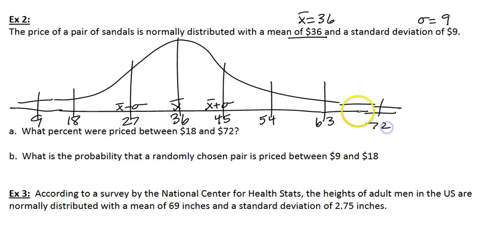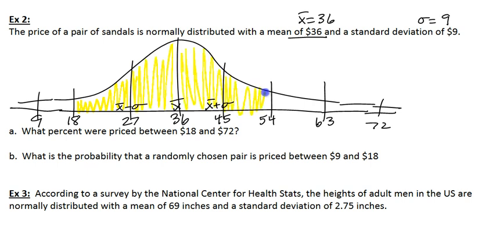72 is off our graph, so we can assume that's part of that end tail. So between $18 and $72, so all of these areas, or I could just do 1 subtract those 2 areas. Either one would work. I'm going to do it the long way this time. I'm adding together, and again, these are just straight from the bell curve on the front.